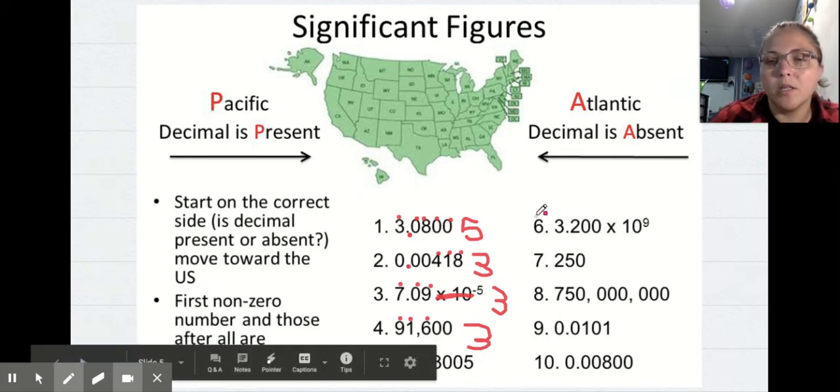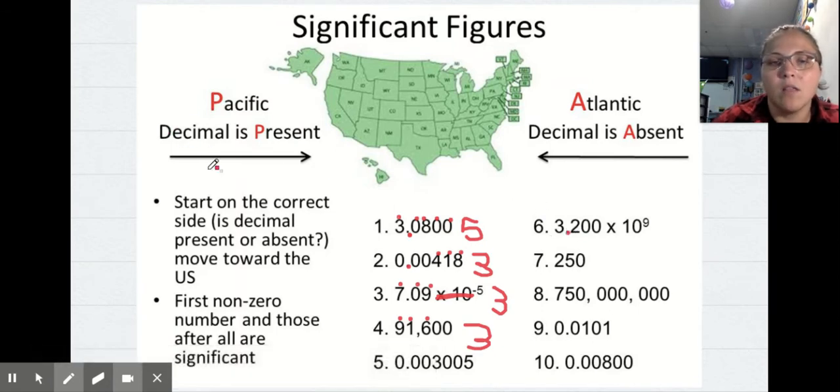Let's look at number 6. Decimal is present. So I start on the left side of the number. We've got a non-zero, so we start counting here. 1, 2, 3, 4. Number 7, decimal is absent, so that's a 0. I don't count that. I've got 1, 2 significant figures.